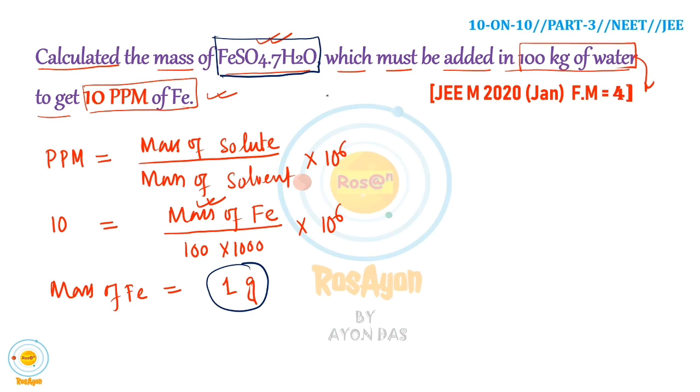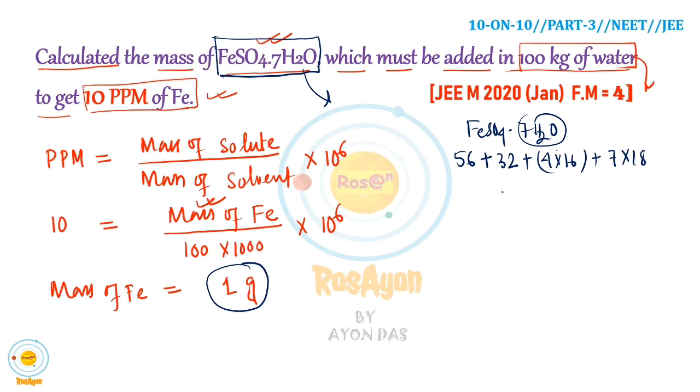So first you calculate the molecular weight of ferrous sulfate, that is FeSO4.7H2O. That means for Fe 56, for sulfur 32, for 4 oxygen 4 into 16, and for 7H2O it is 7 into 18, that is equal to 278.